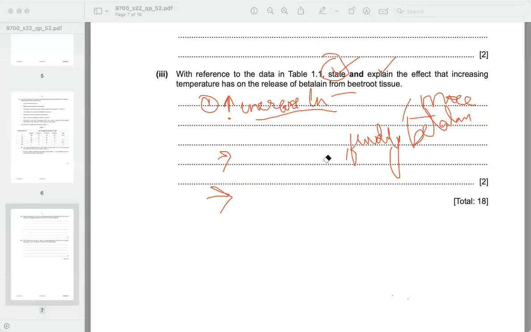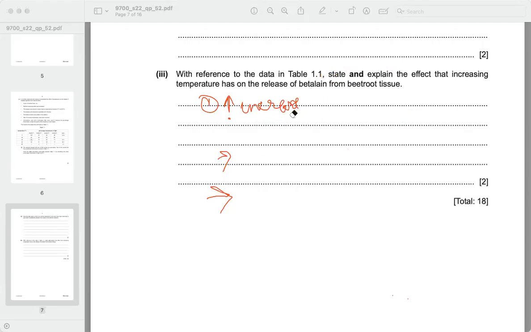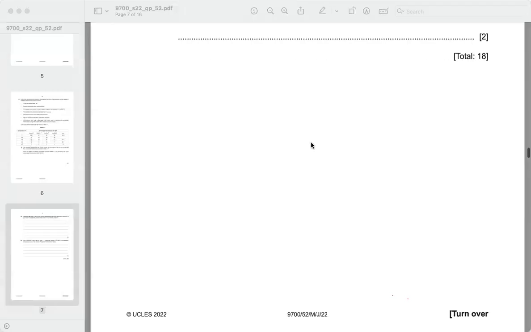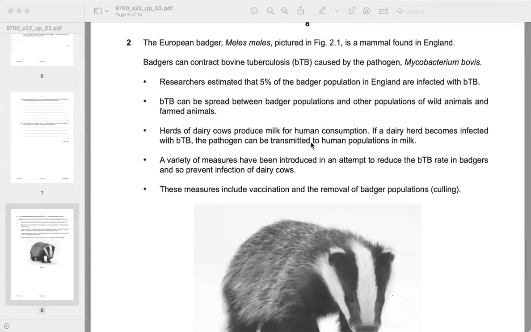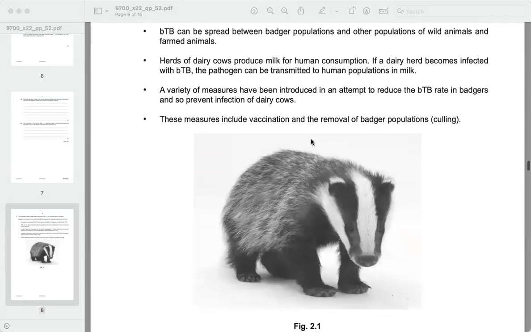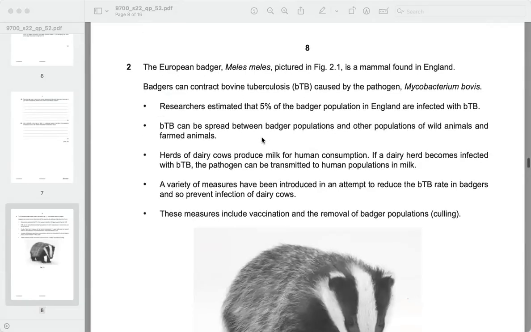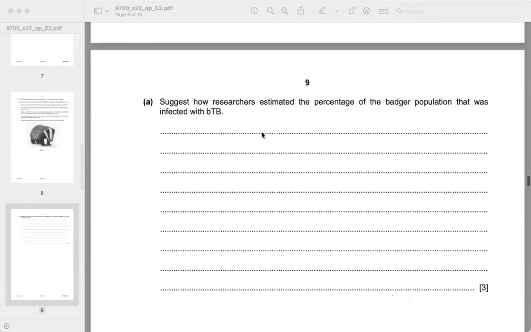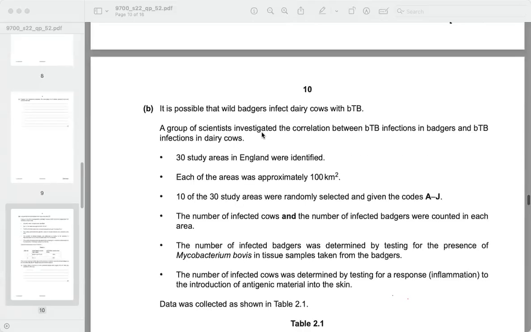So now we move on to question number 2. As I had mentioned earlier, question number 2 is mostly related to inheritance or the coefficients or the chi-square tests or the null hypothesis that we talk about. So here, if you skim down, there is a question on immunity.